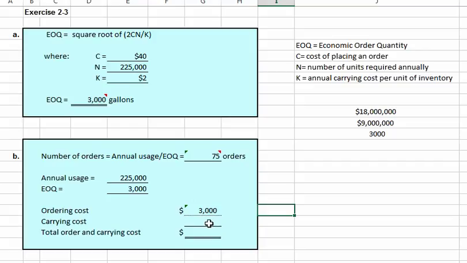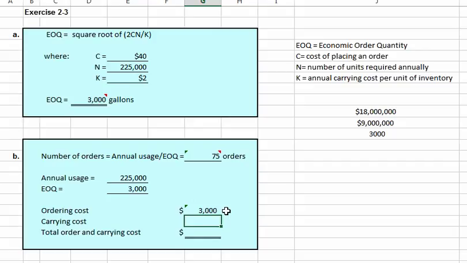Now carrying cost. Okay, this one we need to talk about for a second. On the day an order comes in, we're going to have 3,000 gallons of raw materials. On the day that order runs out, when we've used it all, we'll have 0 gallons. So the average number of gallons we'll have in a given period of time would be 3,000 plus 0 divided by 2.